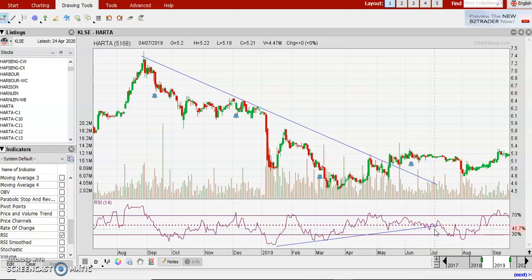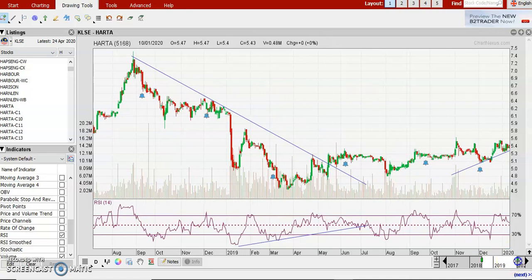Okay, so it may indicate a buy signal. So how do we use it? Okay, so first we will check whenever the RSI crosses the oversold line, that indicates a buying signal.